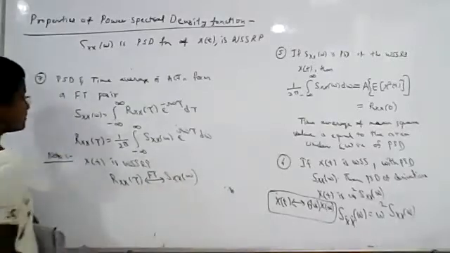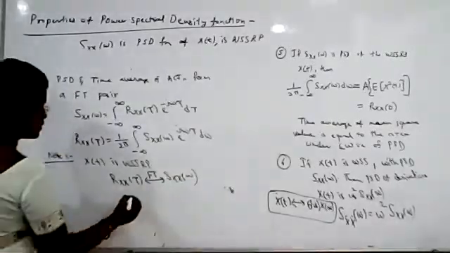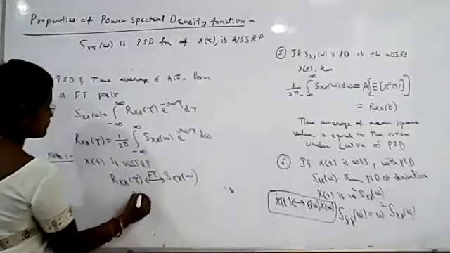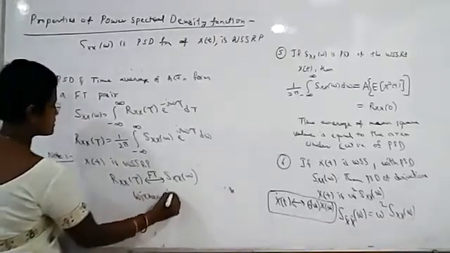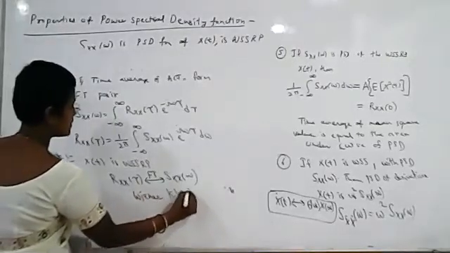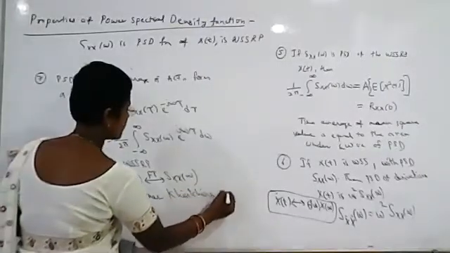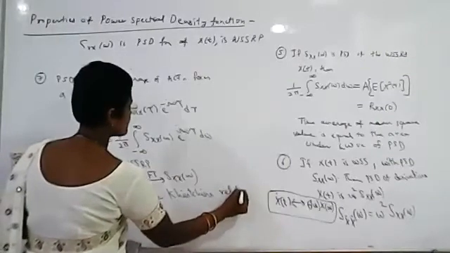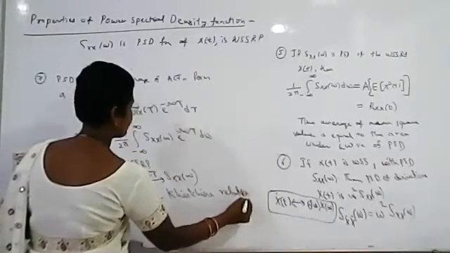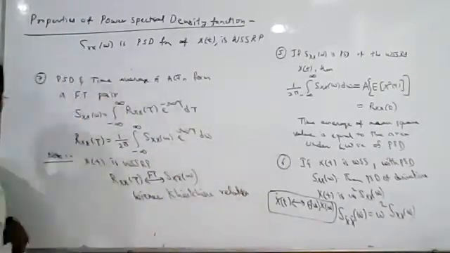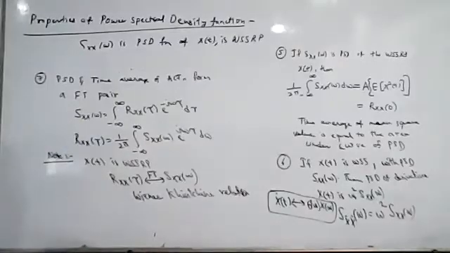This will form a Fourier transform pair. This relation is called the Wiener-Khinchin relation. This is very important. The proof of this property gives us the Wiener-Khinchin relation. This is our note 1.